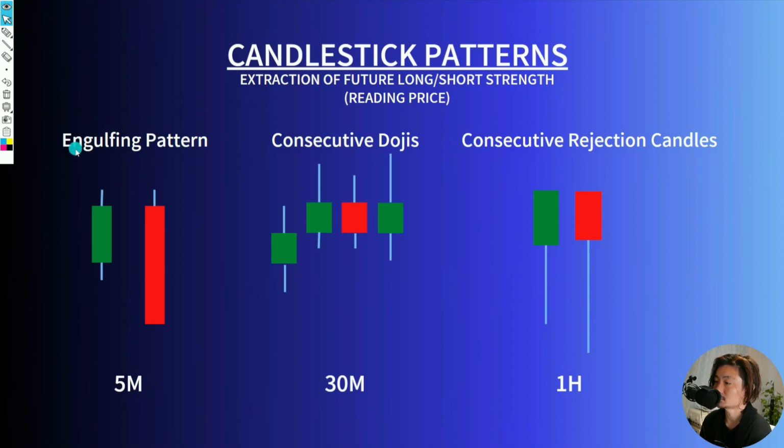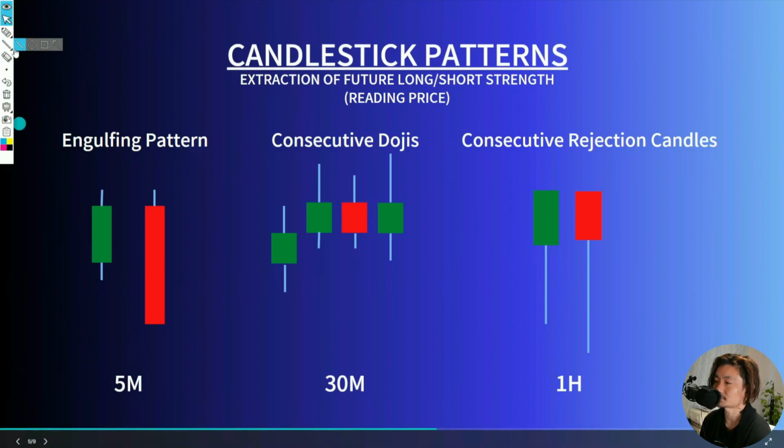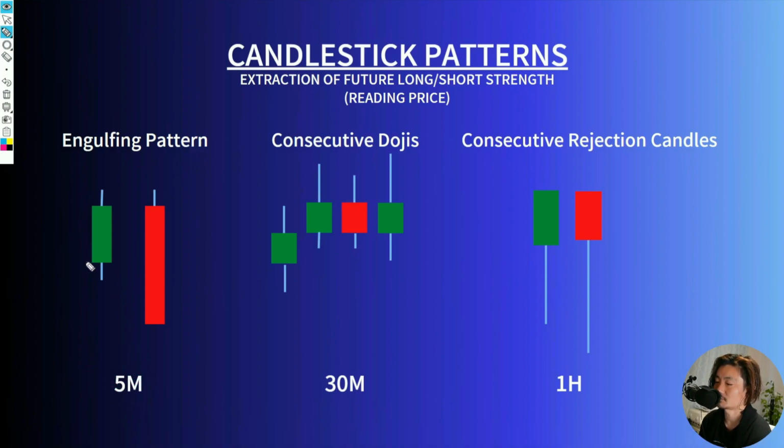So first we have this engulfing pattern. Let's say these are both 5-minute candles. On this first candle, price opened at this level right here, and somewhere within 5 minutes reached the high of this level, the low of this level, and ultimately closed at this level right here. For the engulfing pattern, you want to pay attention to the size of the body.